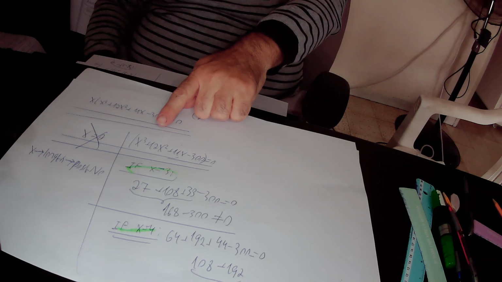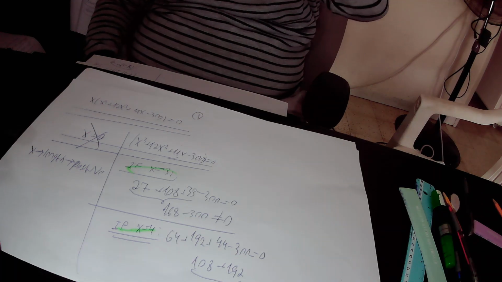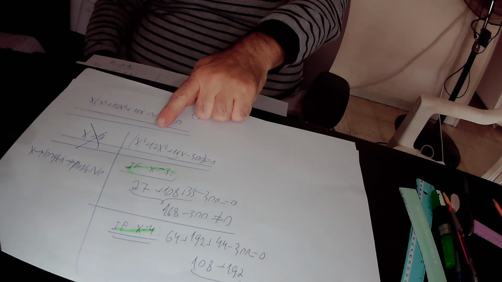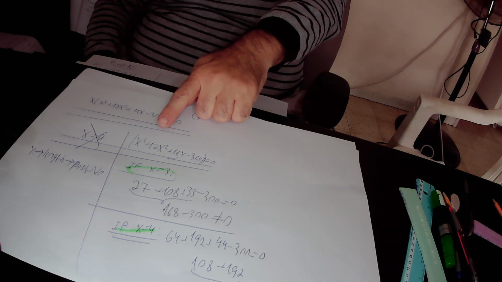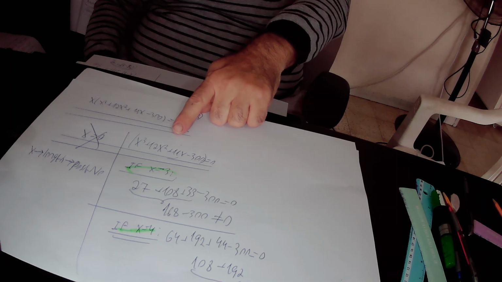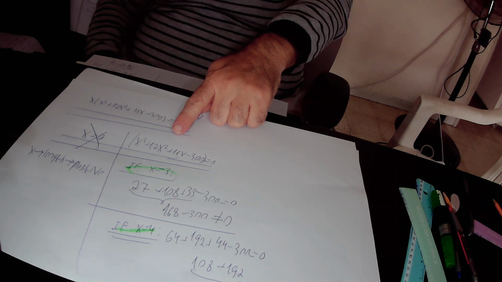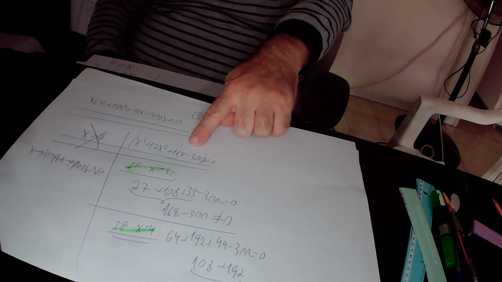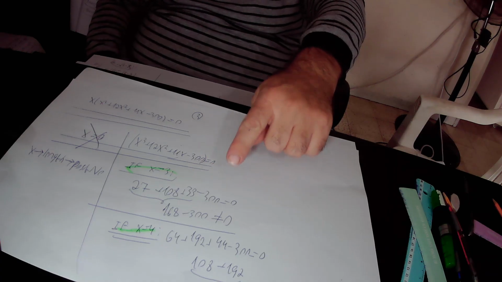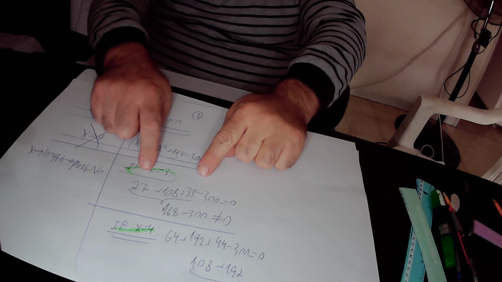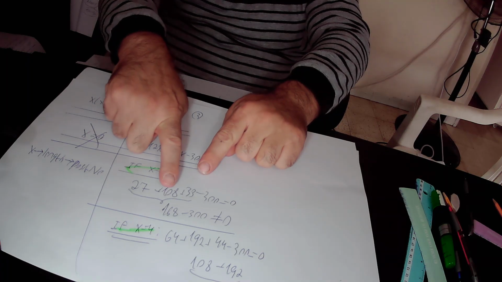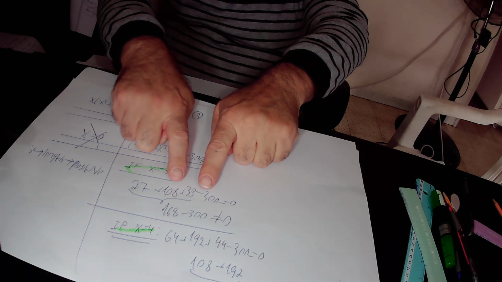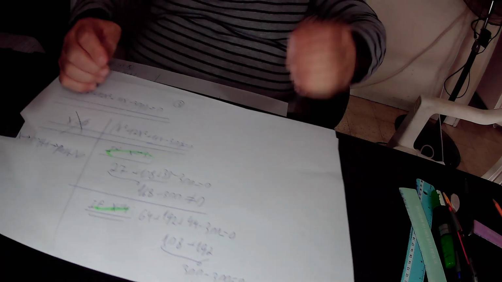x cubed is 3 cubed. 3 cubed is 3 times 3 times 3, that is 27, plus 12x squared. x is 3, so x squared is 3 squared, that is 9, so it is 9 times 12, that is 108, plus 11x. x is 3, so 11x is 11 times 3, that is 33, minus 300. 27 plus 108 plus 33 is 168, minus 300 must be equal to 0, but 168 minus 300 is definitely not equal to 0.